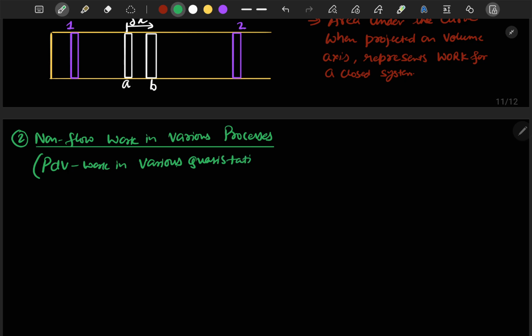In these studies we generally assume the process to be reversible and quasi-static.